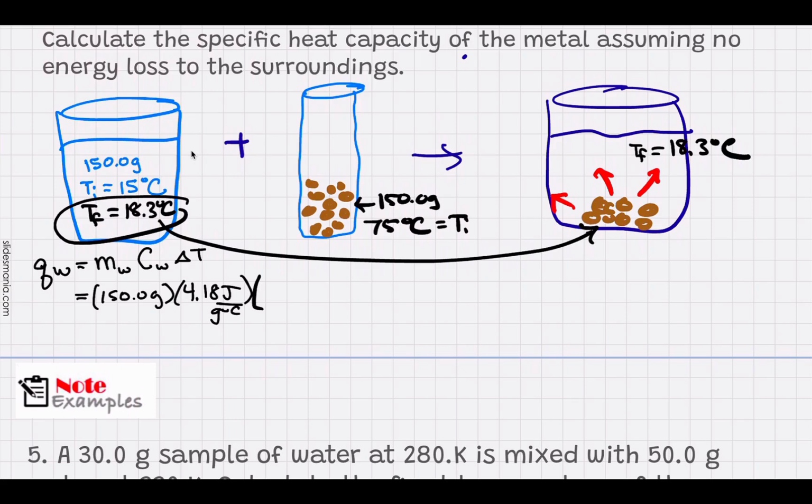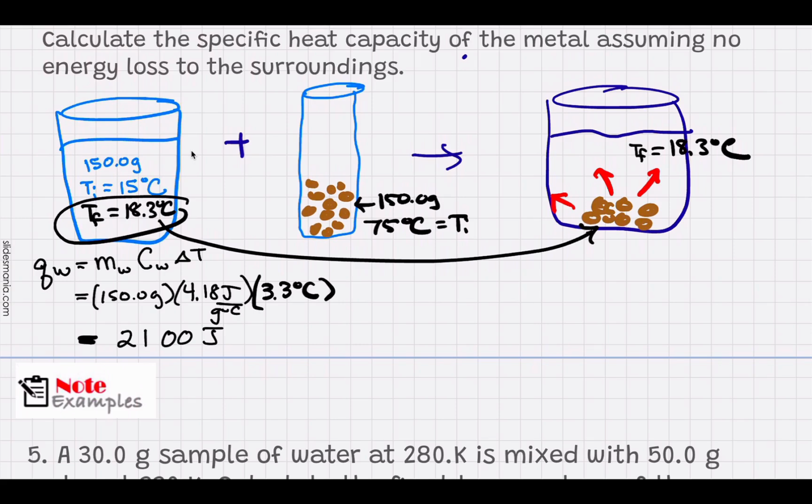So we would subtract 18.3 minus 15. That gives me 3.3 degrees Celsius. So when I calculate this, I get 2,100 joules of energy was absorbed by the water.